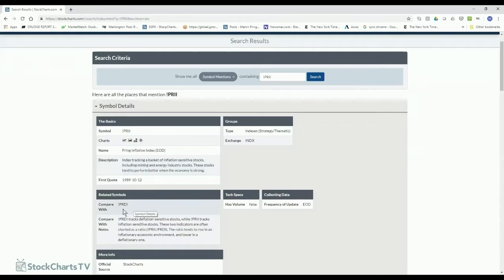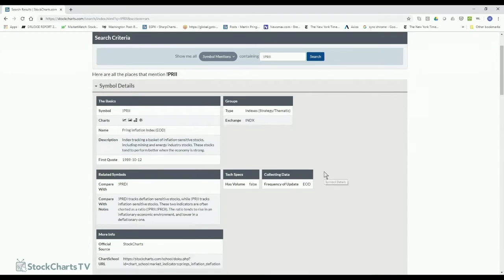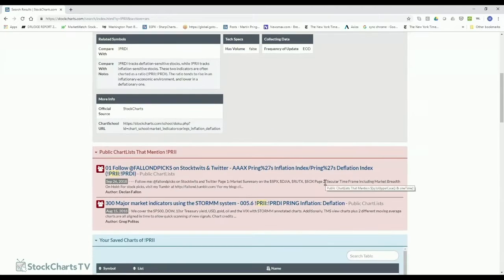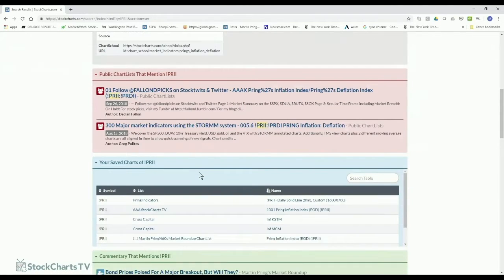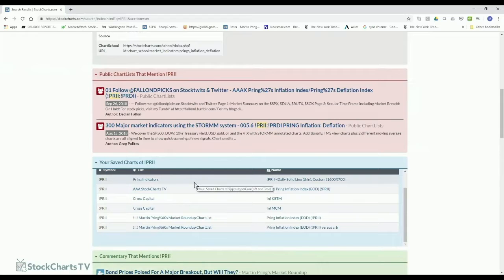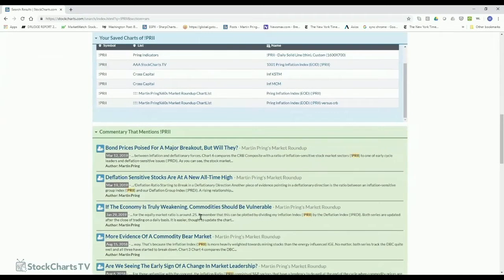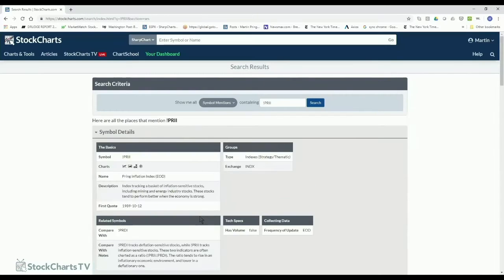And it's opposite the Pring deflation indicator. It also tells you how frequently it's updated, EOD, and then which public chart lists mention this particular indicator. And if you've got a chart list, it tells you all the chart lists on which the indicator appears and all the commentaries on which it appears as well. So I thought that was a very useful piece of information to have.